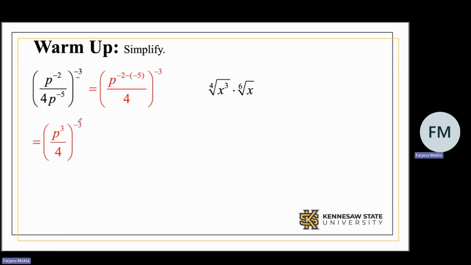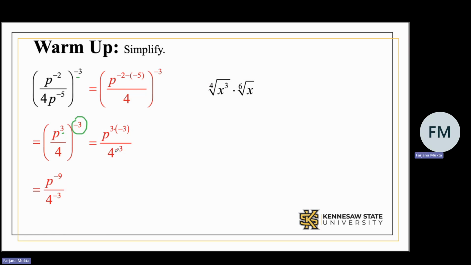Now we'll distribute this exponent of -3 to the numerator and denominator. While distributing, the p already has a power. So an exponent on top of another exponent will multiply the exponents. 3 times -3 is p to the -9.